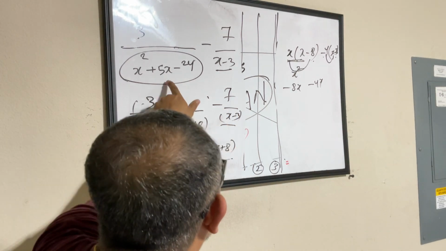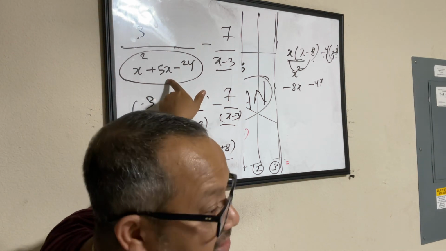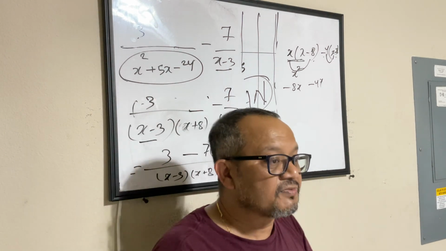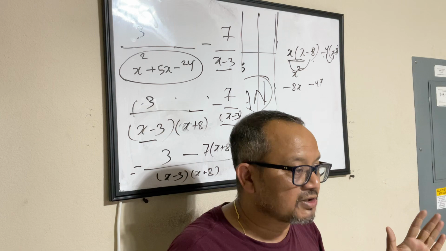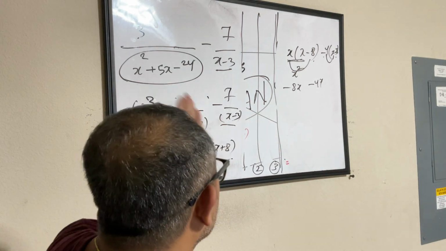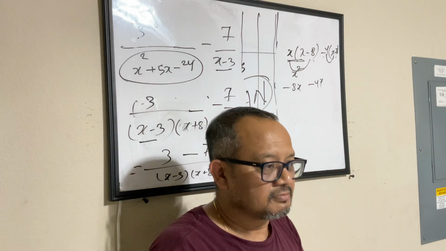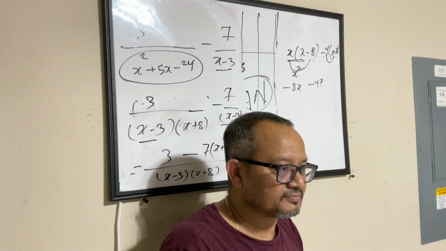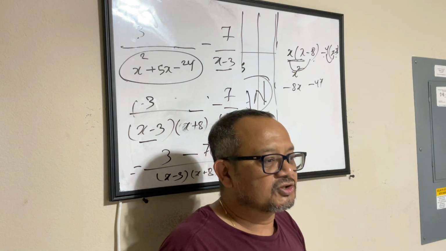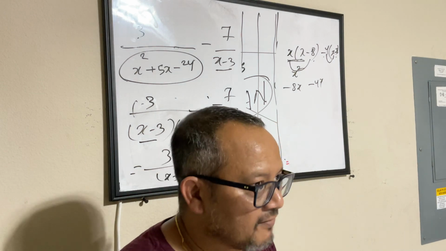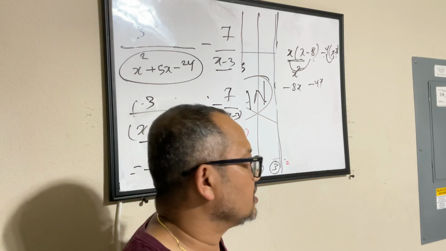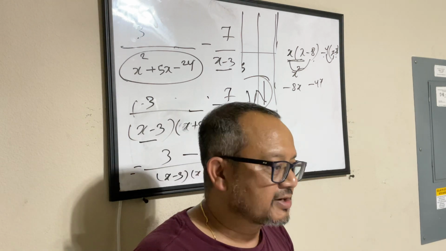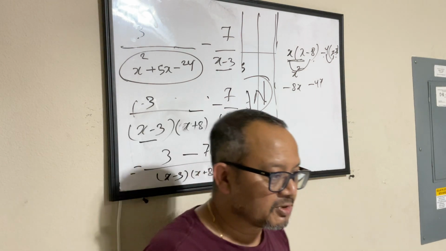So your entire energy will go into breaking this down, factorizing this one. As long as we know how to factorize a quadratic equation, you will not have any problem. We have learned how to deal with quadratic equations and how we factorize them. I'm sure most of you would be knowing it.